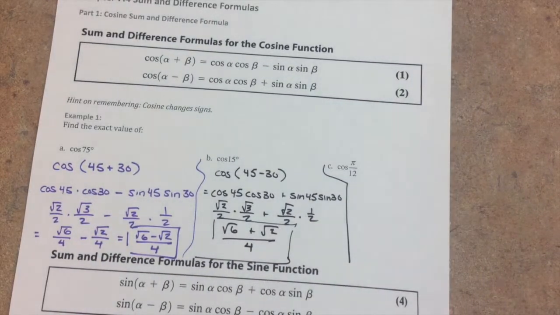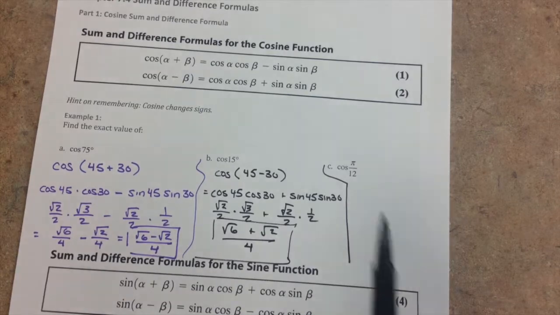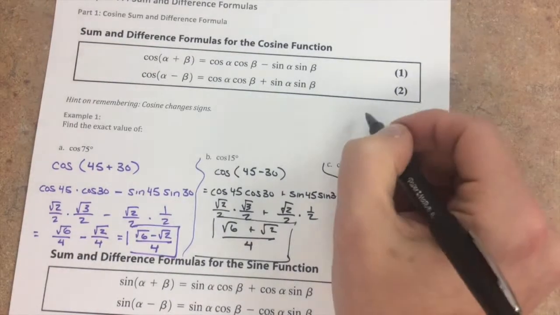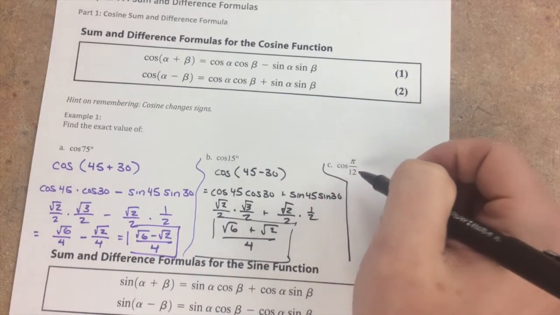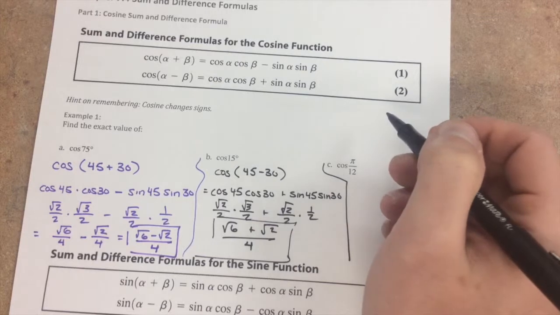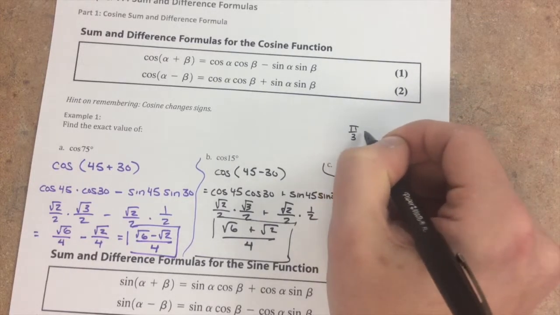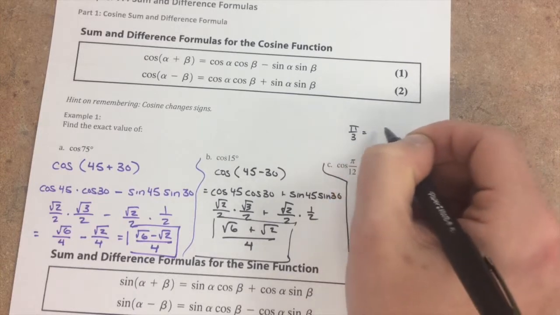Last up, and this might be a little tricky for you, pi over 12. Well, we don't really have nice measures for pi over 12, but we do know pi over 6.